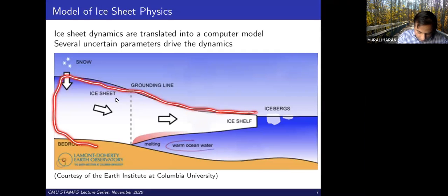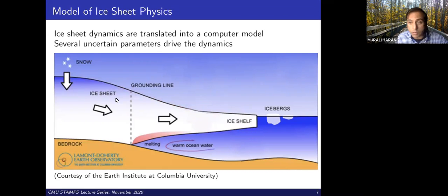This is your ice sheet, and you can see that there's a part of it that's a shelf, hanging over the water. You can see that this is particularly vulnerable, and at some point, some part of it might just break off into an iceberg.